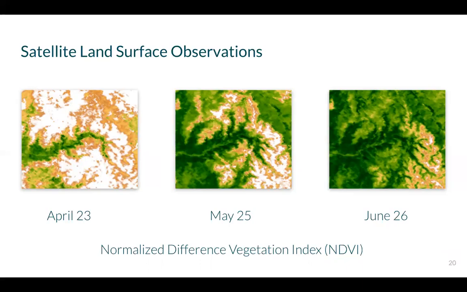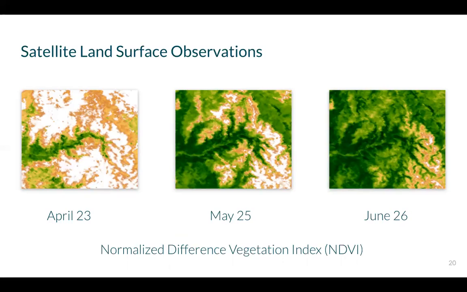And so the colors that are white in these images, this is where there is snow. Where it's brown or yellow or light tan, this is where there's bare earth. And then where it's green, there is vegetation, and the really dark green is extra dense, healthy vegetation.